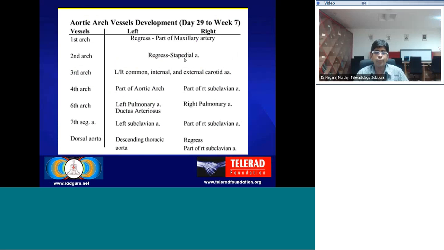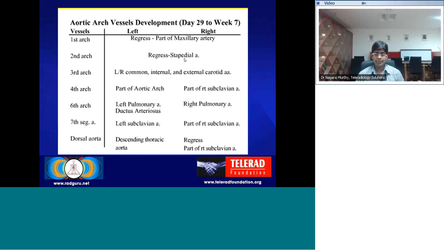The fourth arch forms part of the aortic arch on the left side and part of the right subclavian artery on the right side. The fifth arch completely disappears. The sixth arch forms part of the left pulmonary artery and ductus arteriosus on the left and right pulmonary artery on the right.